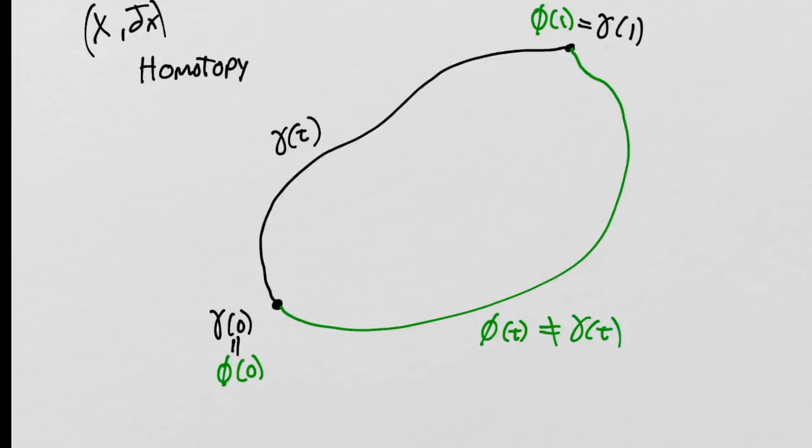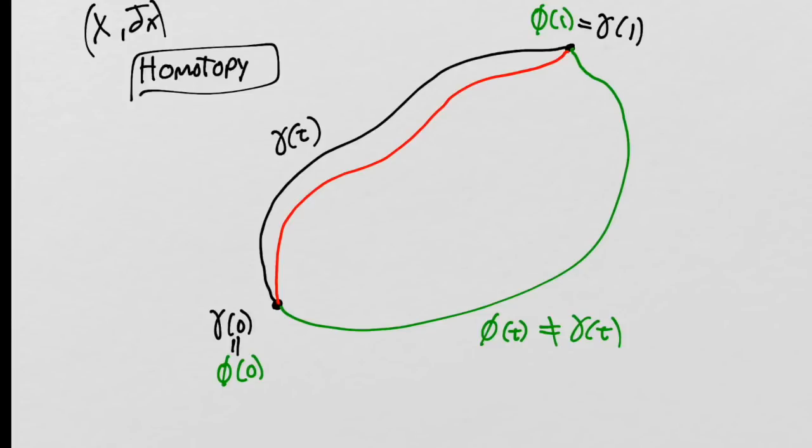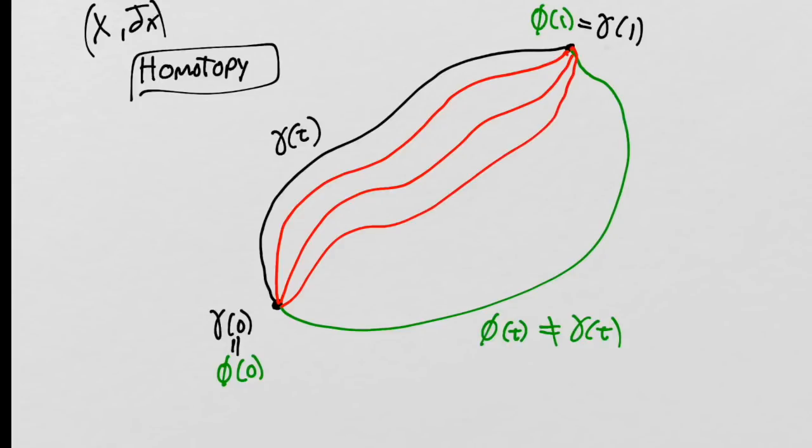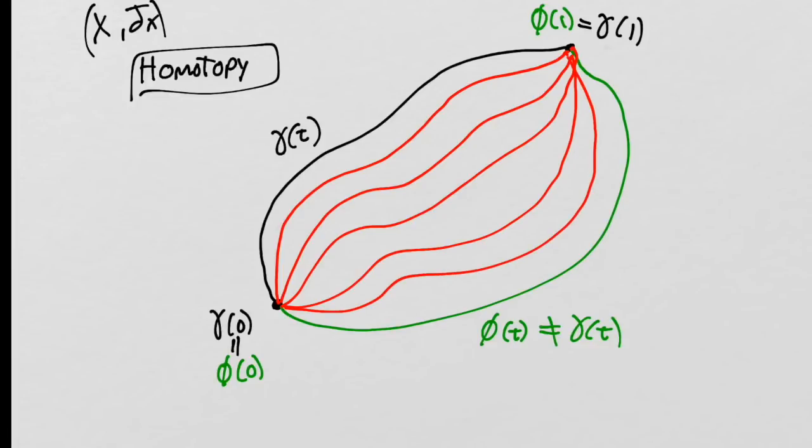So the idea of a homotopy is, as I said, it's going to be a function, but ultimately what we want to learn from this function is a collection of different paths that really morph. They're sort of intermediate paths that take gamma and slowly, in a way that we'll define very rigorously, in one way or another, eventually become phi, right?